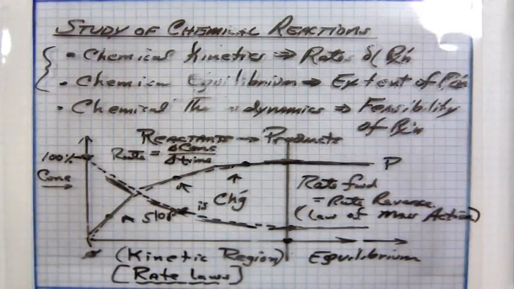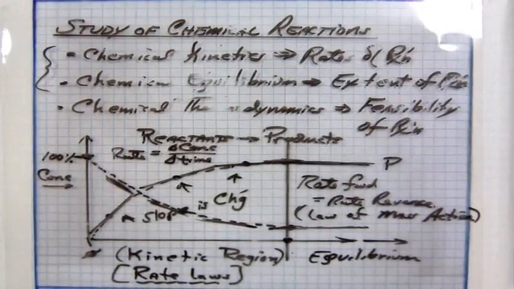Some of them take forever to get to equilibrium. That is a large extent of reaction, and as a result, what this means is you have a very high product concentration produced.